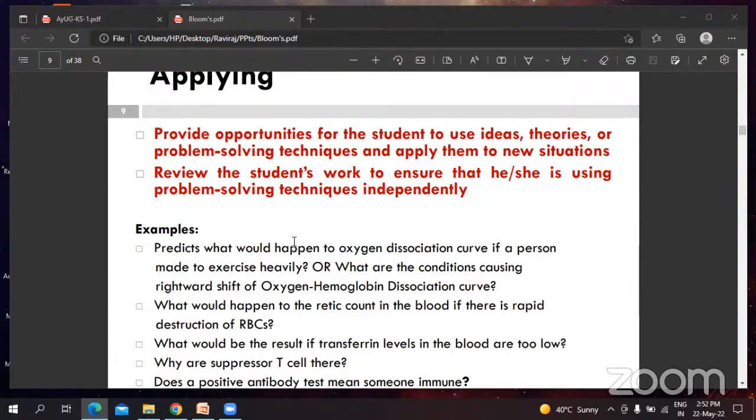If somebody comes to you with a hemoglobin of 5 g%, you will be able to say that this patient is anemic only when you know the normal range of hemoglobin, isn't it? Yes, sir. So for that you have to know what amount of hemoglobin a person must have, right?